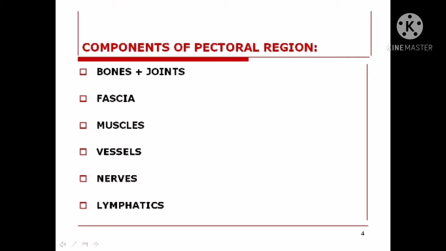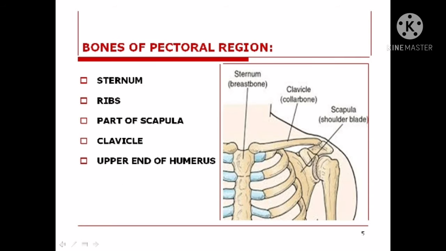Now the components of the pectoral region. The bones and joints, the fascia, then the muscles, then the vessels and the nerves. The vessels and the nerves will run alongside in the form of a neurovascular bundle, and the lymphatics.